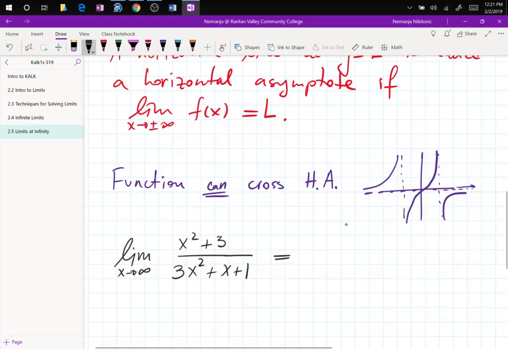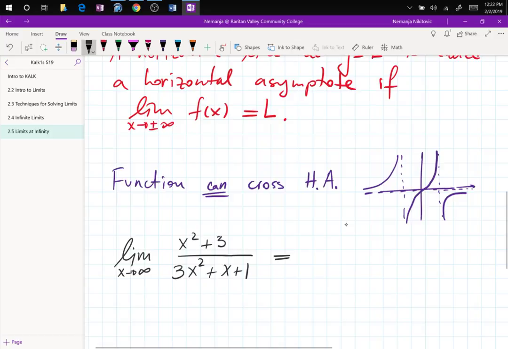Because if I'm asking for the limit as x goes to infinity, I'm looking for a horizontal asymptote, and you memorized the rule. When the exponents are the same, it's the ratio of coefficients. Both are squared, top has 1, bottom has 3. 1 divided by 3. So the answer is 1/3. Done, right? But the question is, do you remember the rules? And we established you don't.